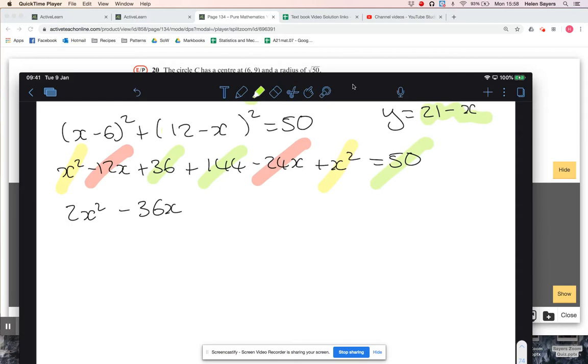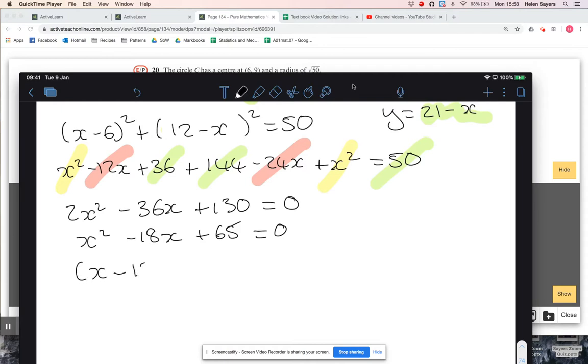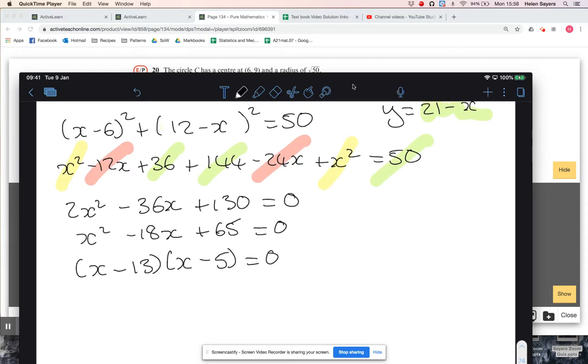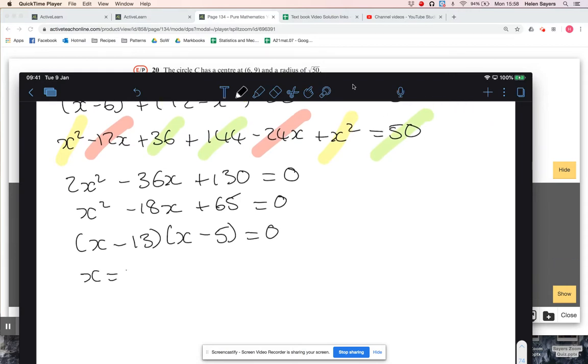So that's going to be 130. So we can cancel that through by 2. Or you can just put it into a calculator if you want to. And I think that's going to factorise. So 13 and 5, yeah, 65 can't have that many factors. So I've got x is 13 and x is 5.